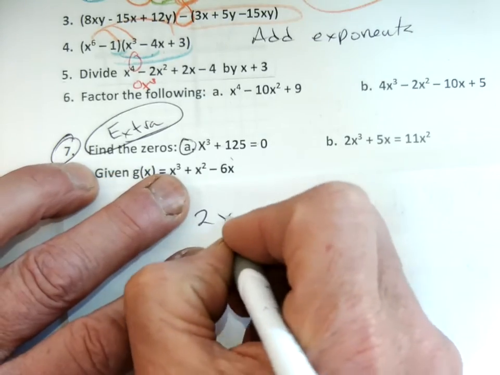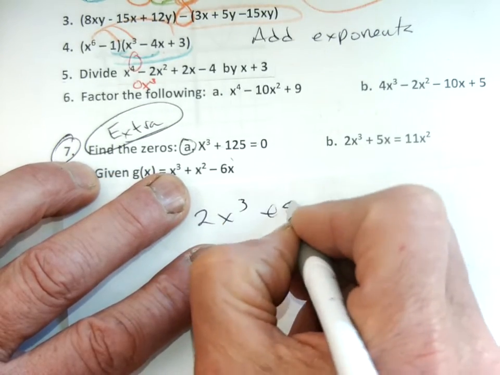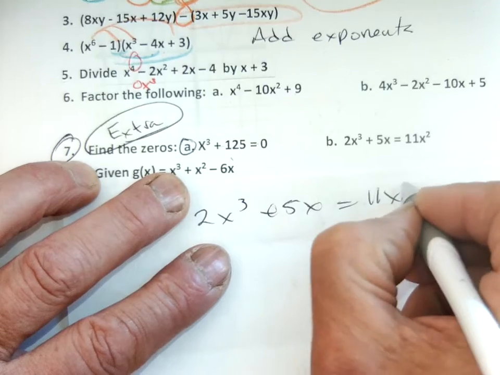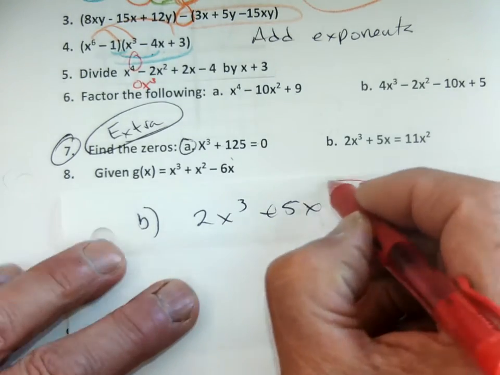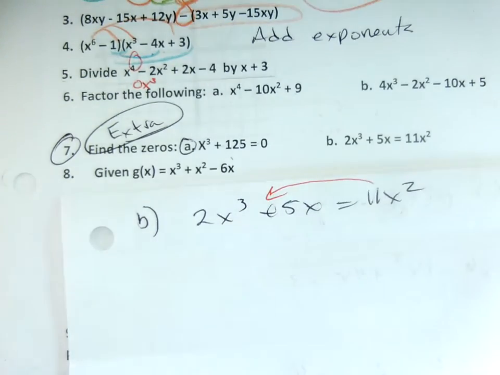I've got 2x cubed plus 5x equals 11x squared. I know I'm going to have 3 answers. I'm going to bring over the 11x squared so I can set it equal to 0, because I'm finding zeros.